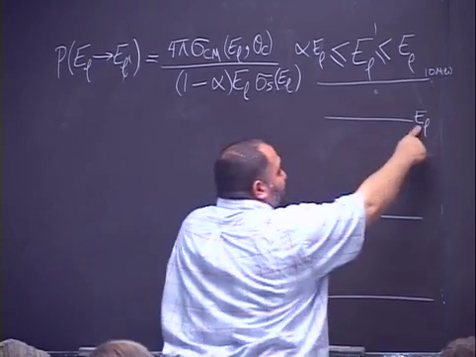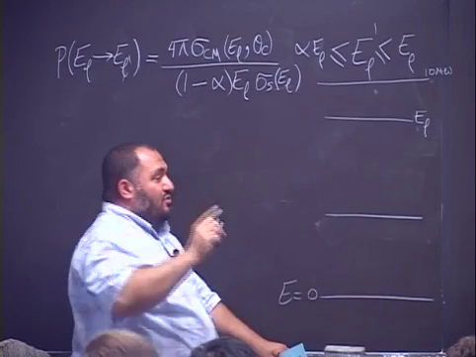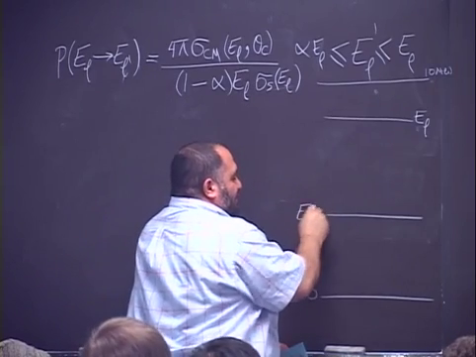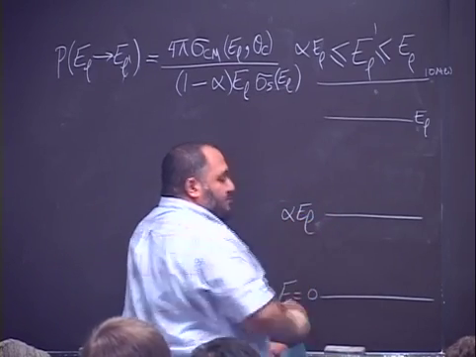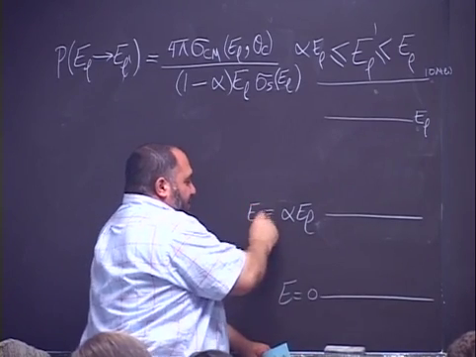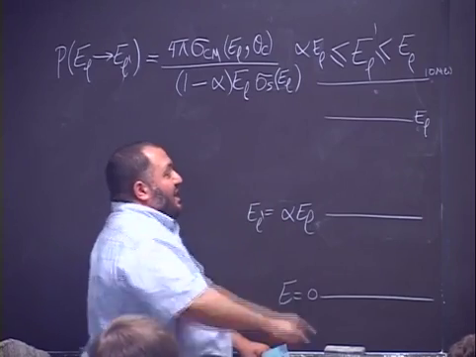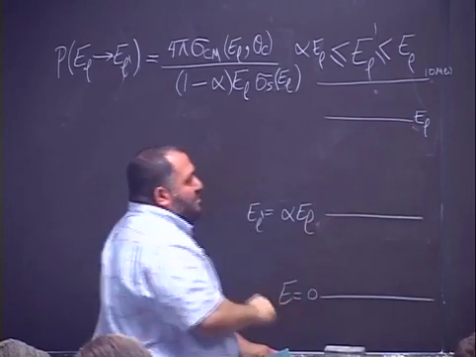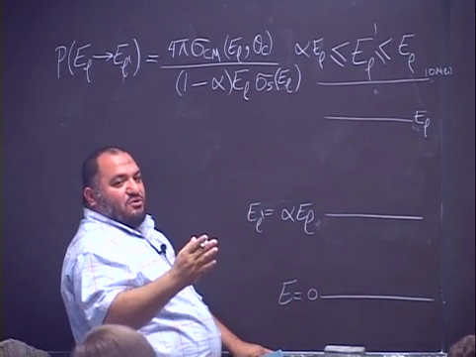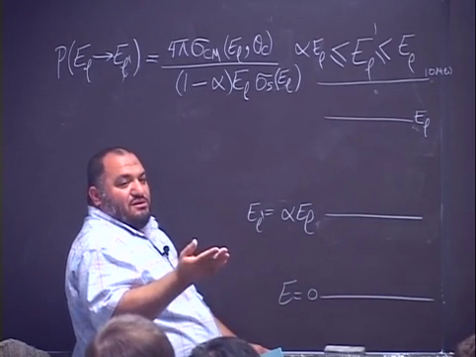So if you are at energy EL and you make only one single collision, what's the minimum energy that you will be getting out? Alpha EL. So your final energy EL prime will always be at least alpha EL. Yes? And your maximum energy that you can get out from the collision, if you do not lose anything, what will it be? It will be EL.